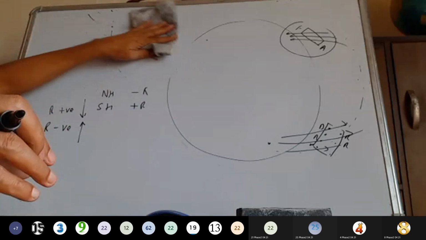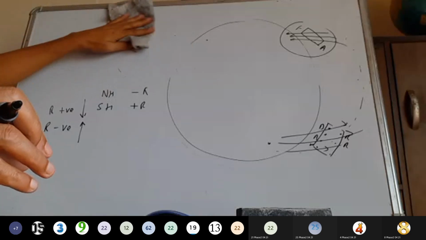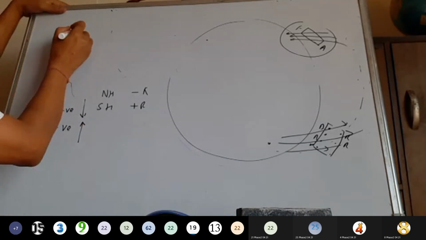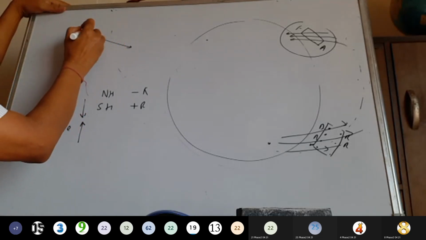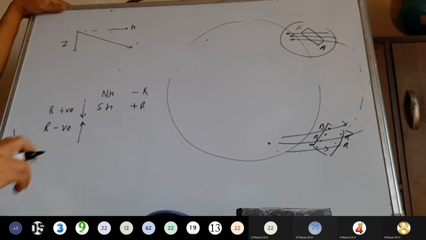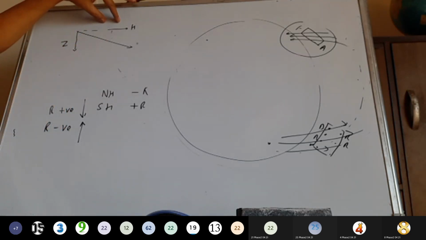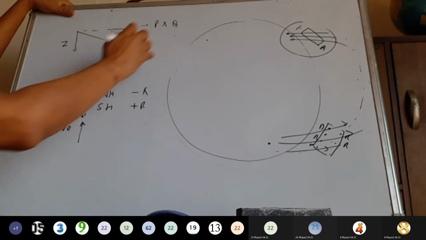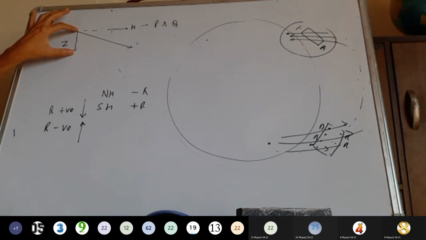Or you can understand this in this way also. When we talked about the Earth's magnetic field, we had divided it into two components. This is the Earth's magnetic field. The horizontal component we call H, and the vertical component we call Z. The horizontal component was inducing the magnetism in the horizontal plane of the vessel, and this was causing the forces P and Q. And this vertical component of the Earth's magnetic field will cause the magnetism in the vertical plane of the vessel.